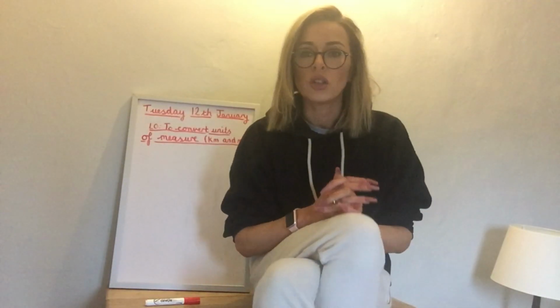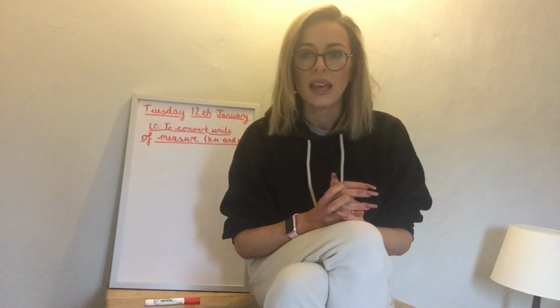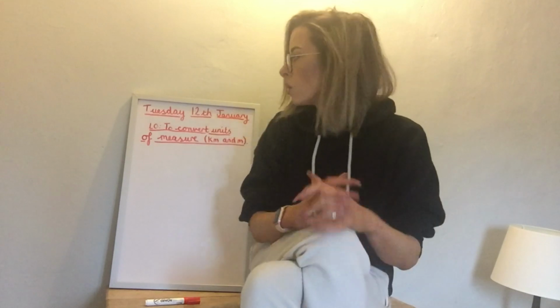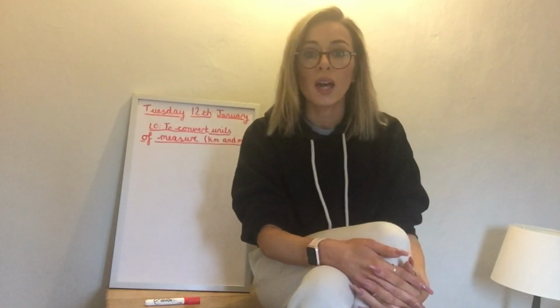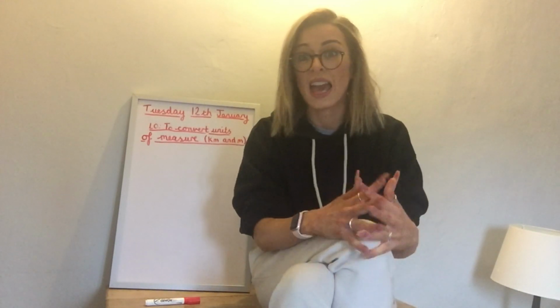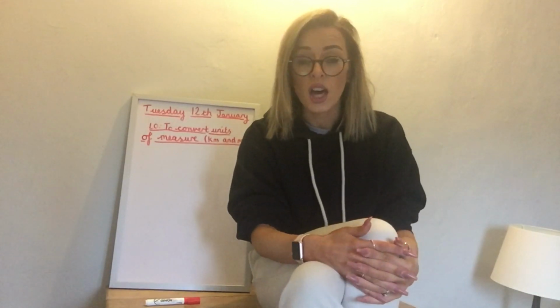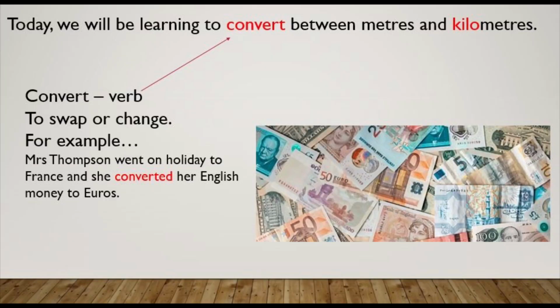Now what I would like you to do is start thinking about your LO. So your LO, remember, your learning objective, what we're trying to learn today, is to convert units of measure. Now, converting is kind of another word for changing or swapping, okay?